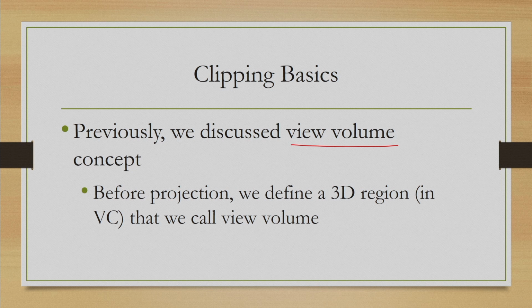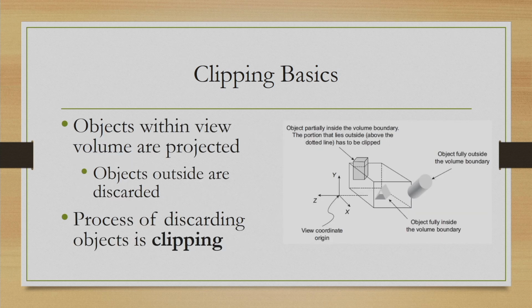So, whatever objects are within the view volume should be projected. Thus, we need to define this view volume in this 3D region in the view coordinate system before projection. So, whichever object lies within this volume are projected, whereas objects that are outside the volume are discarded.